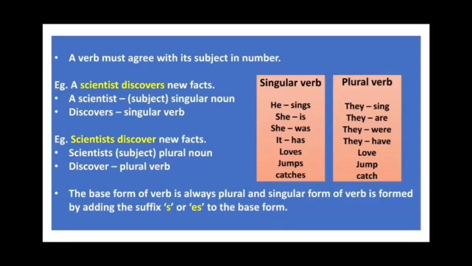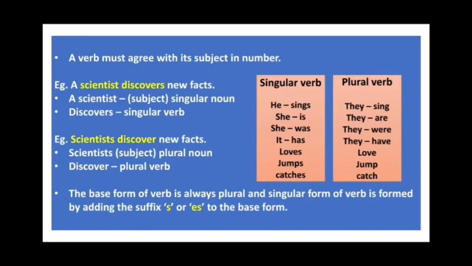The base form of a verb is always plural and the singular form of a verb is formed by adding the suffix, that is S or ES, to the base form.